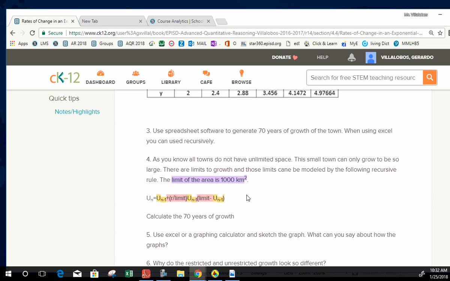Okay, let's see if I can remember this. So previous term plus the ratio of the growth rate and the limit. So it's 1 plus this product.